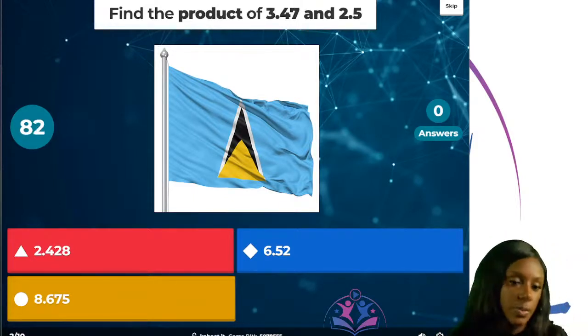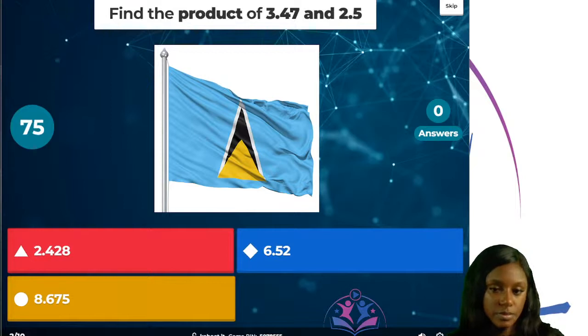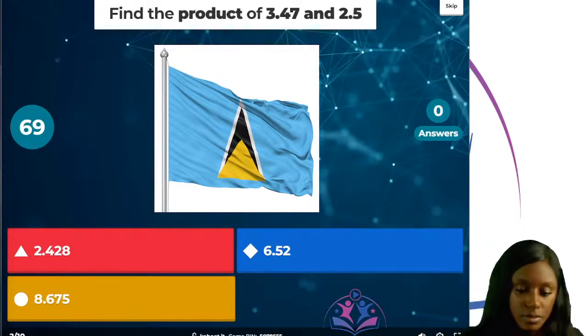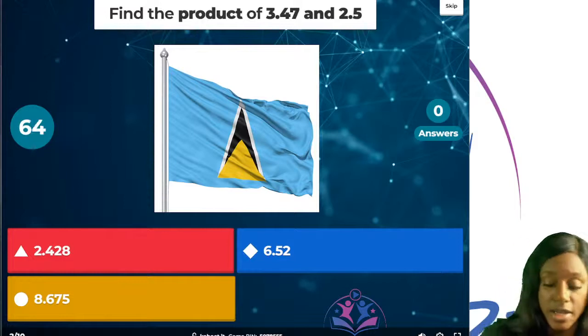So you're going to multiply it as if you're multiplying 347 by 25. You have enough time, you still have more than a minute left.